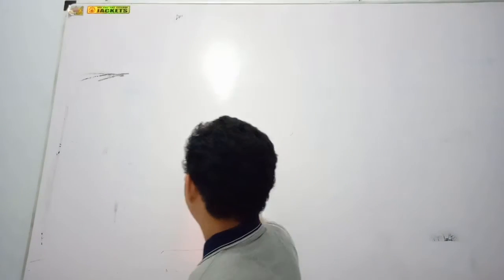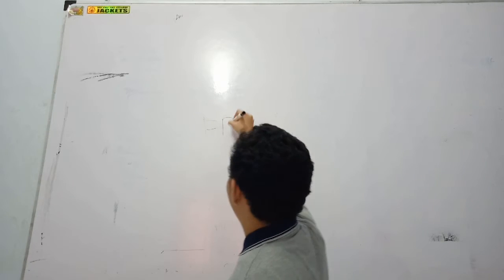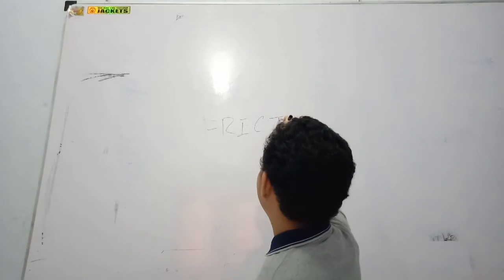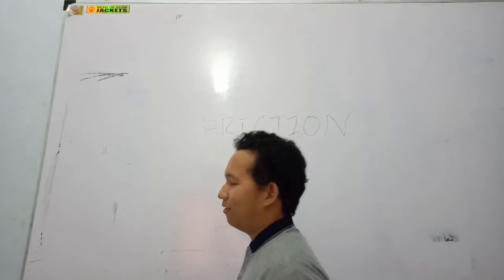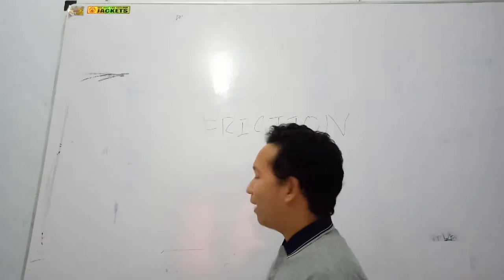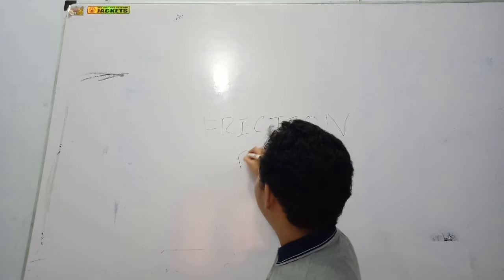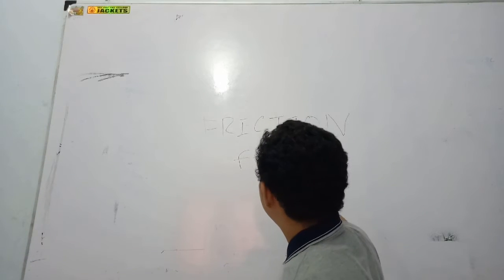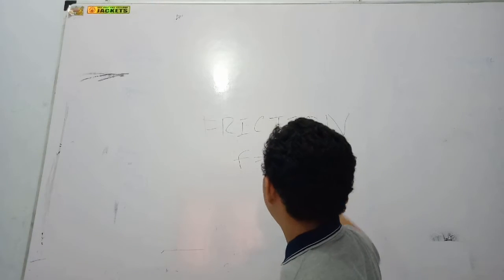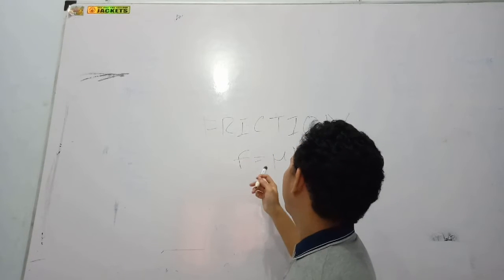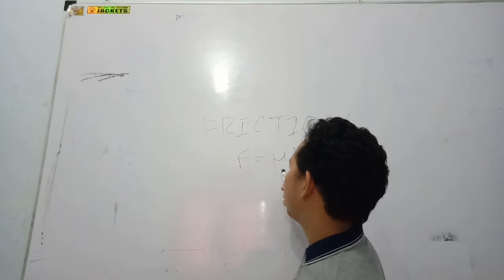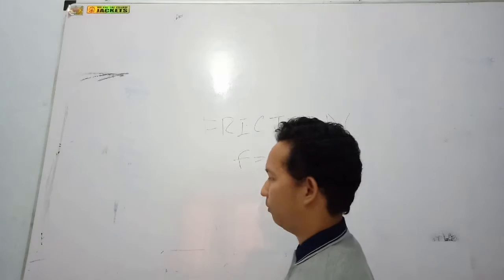So let's talk about friction. I'm pretty sure most of you have already studied this at school, so I'm not going to break it all down, but I'll write the general formula, which is that f is equal to mu times N, and that's the friction here. Small f is equal to the coefficient of friction times the normal force of an object.